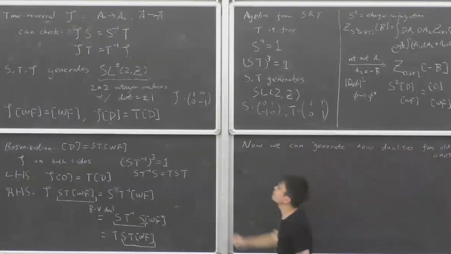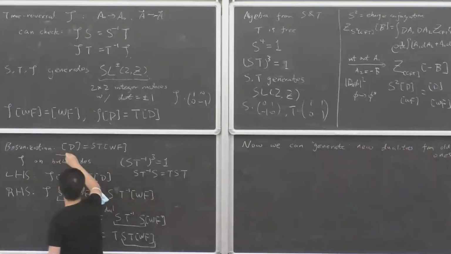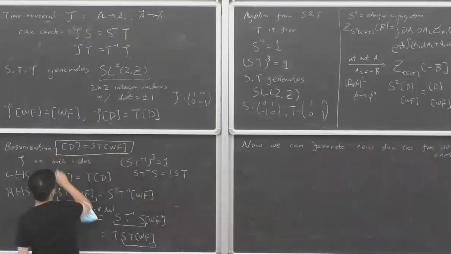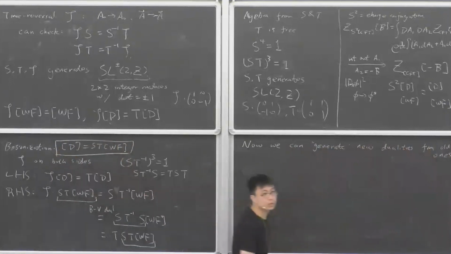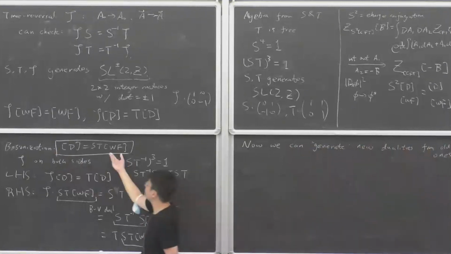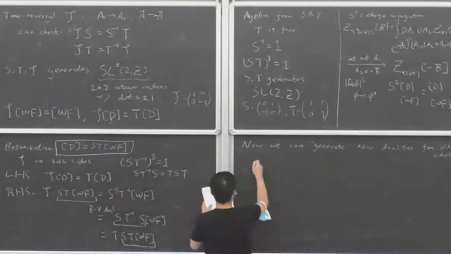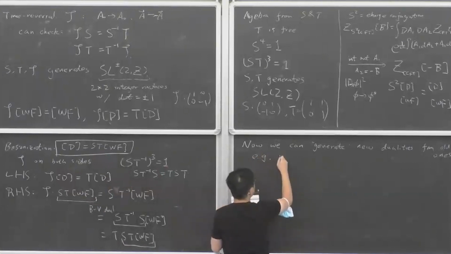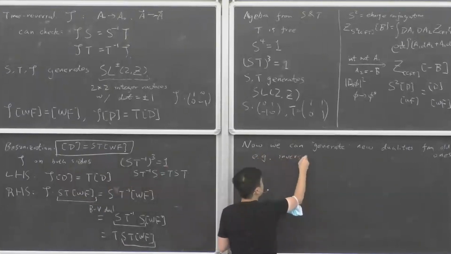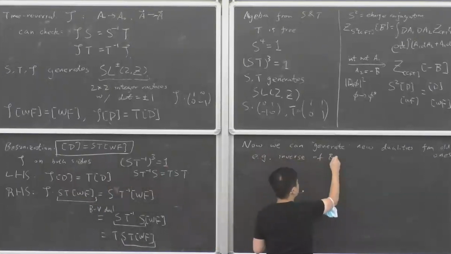Essentially, starting from this bosonization duality, we can generate infinitely many more duality relations. So a simple one is, let's say we can take the inverse of this one, right? So for example, take the inverse of the bosonization.